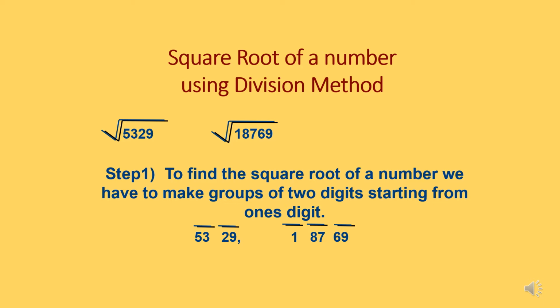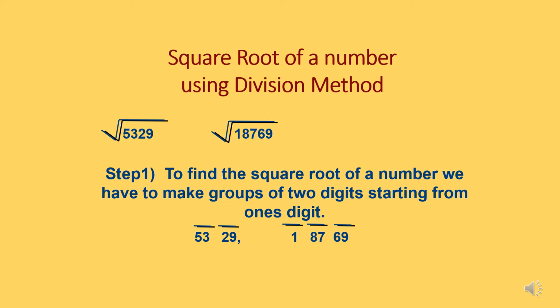Now to apply the method, the very first step is to make groups of two digits, and we have to start making the groups from the ones digit. So if the number is 5329, we make a two-digit group from the number 9. The group created is 29, and the leftover number is 53.